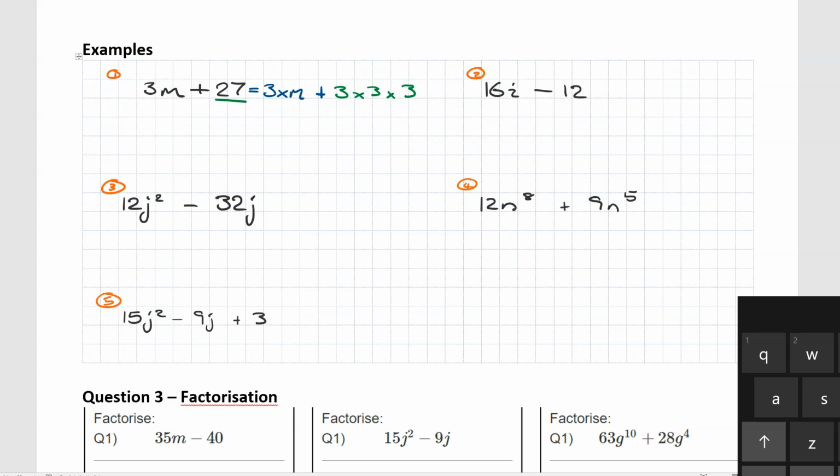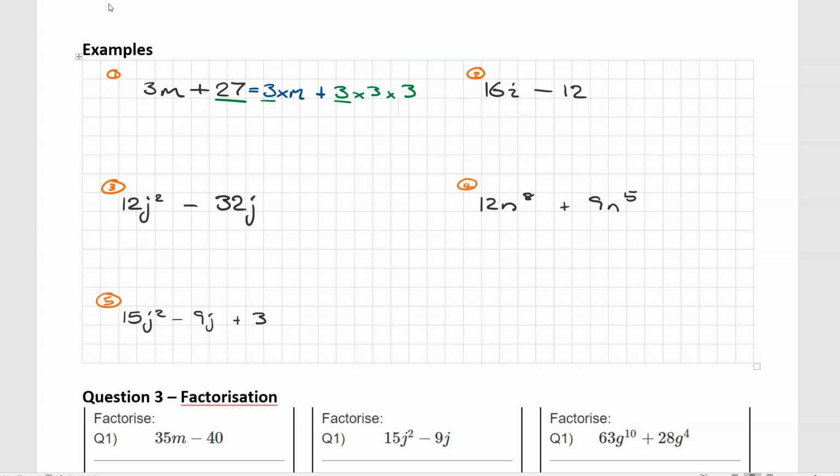Now we look at what is reoccurring, and in this case the reoccurring numbers are the 3 here and the 3 here. Notice that there are 3's here and here, but we've only got one 3 at our disposal on the first term. So now I'm going to take the numbers that I've underlined and write them out like that.